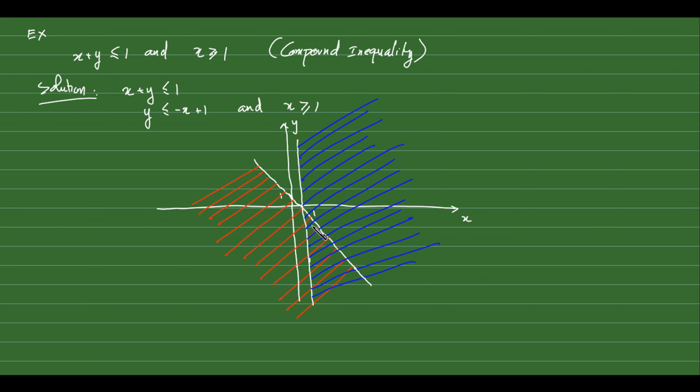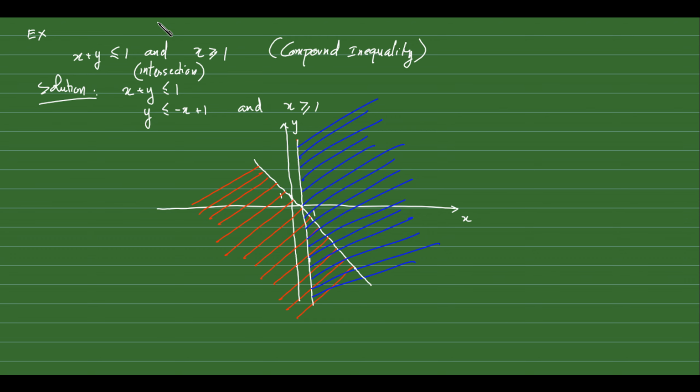In this area right here, it's overlapping. And it means what? "And" means intersection. So I just want to remind you over here: "and" means intersection. Intersection means you want to find the part that is overlapping each other. So the solution will be everything in here.